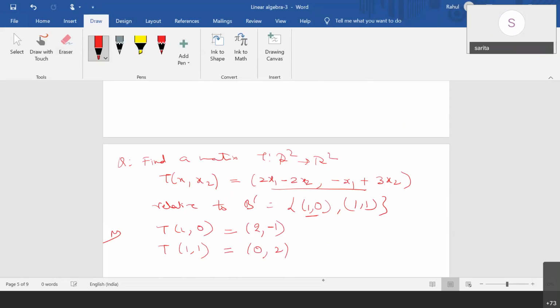Now, as in the previous thing, this T(v1) can be written as a linear combination of basis vectors. So this can be written as 3(1,0) minus 1(1,1), and this can be written as minus 2(1,0) plus 2(1,1). This is coming from here.